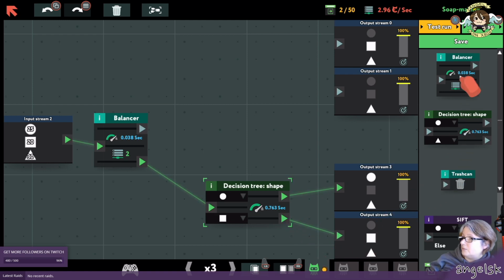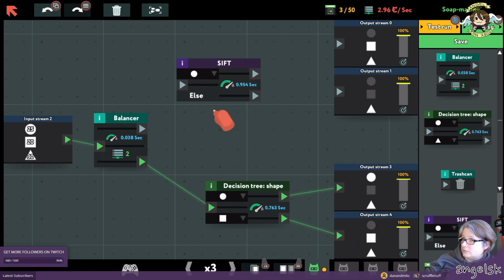Just split it evenly. And this one, we're going to sift out circles. No, we're going to plonk circles down to there.